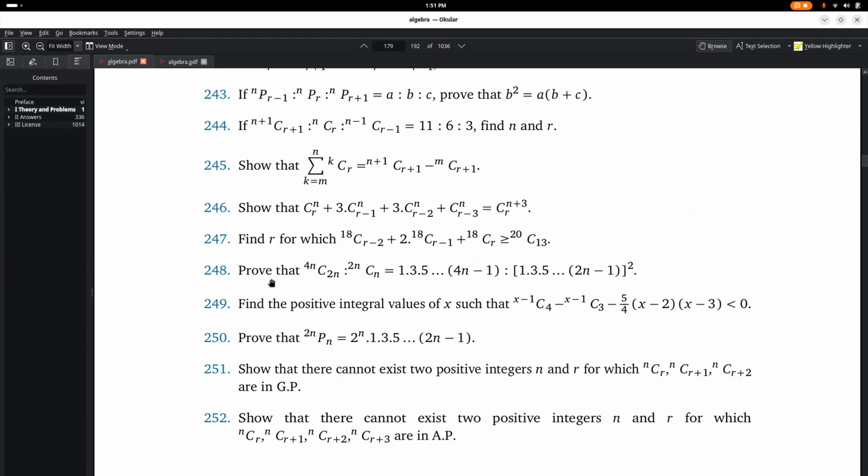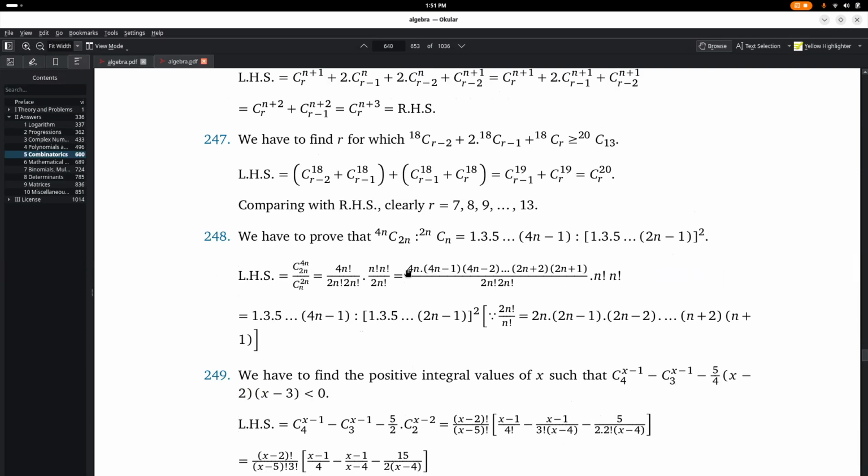Question 248 says that prove that 4nC2n over 2nCn is equal to 1 into 3 into 5 up to (4n minus 1) over (1 into 3 into 5 and so on up to (2n minus 1)) whole square. So we have this relationship given, we expand it, we get 4n factorial over 2n factorial multiplied by 2n factorial into 2n factorial into n factorial by 2n factorial.